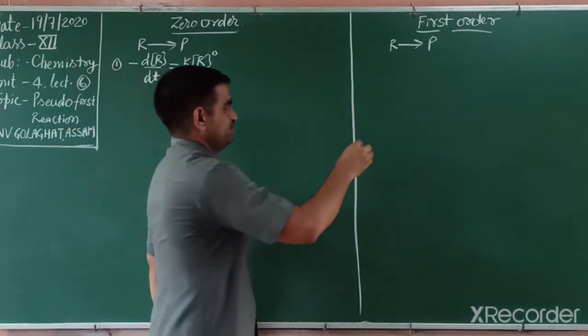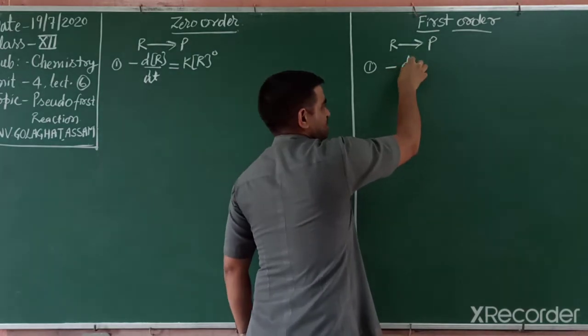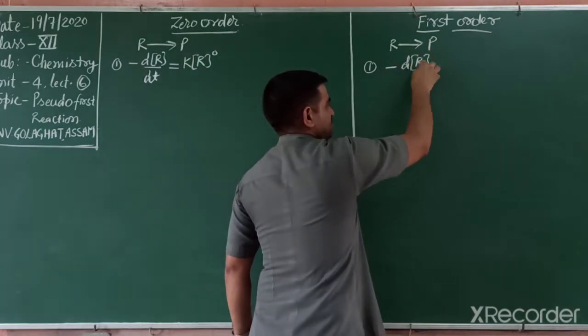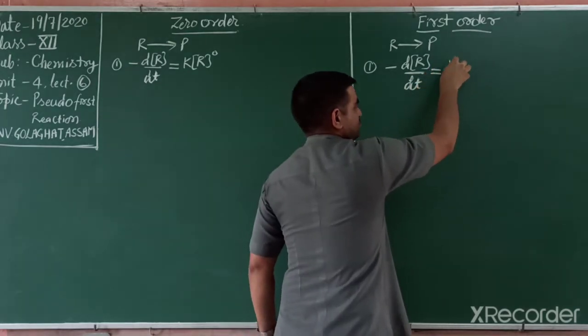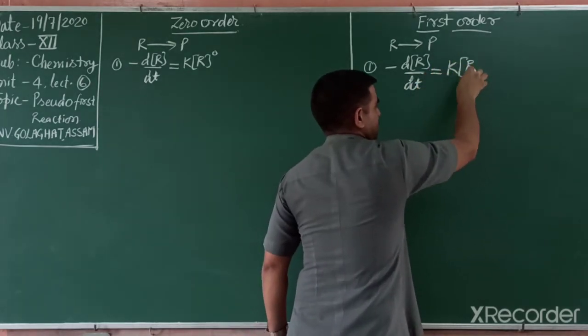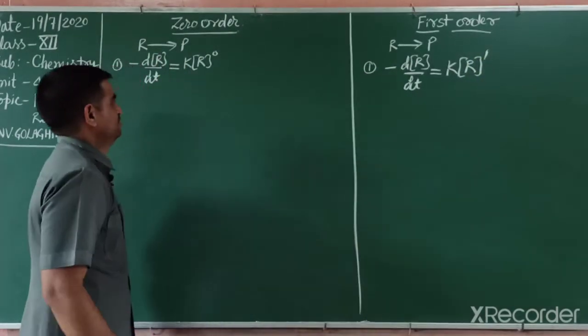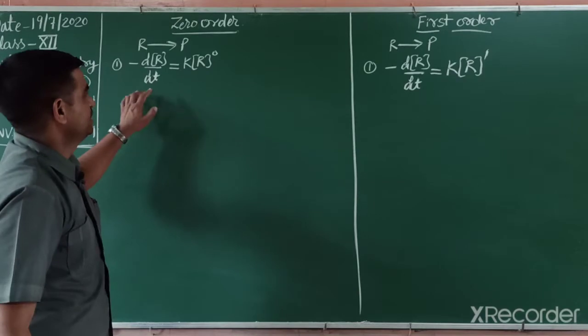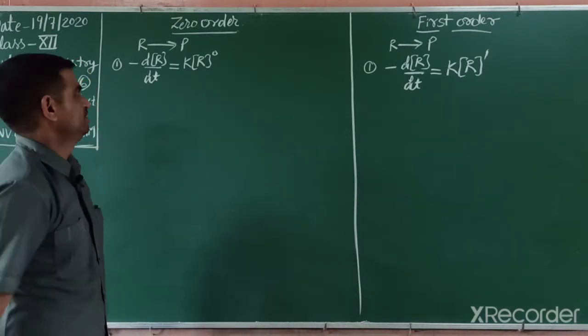And in first order, how can we write? In first order, we write minus dR divided by dt is equal to k R power 1. So this is a first order reaction. After that, we take integration of both sides, meaning the integrated rate equation.